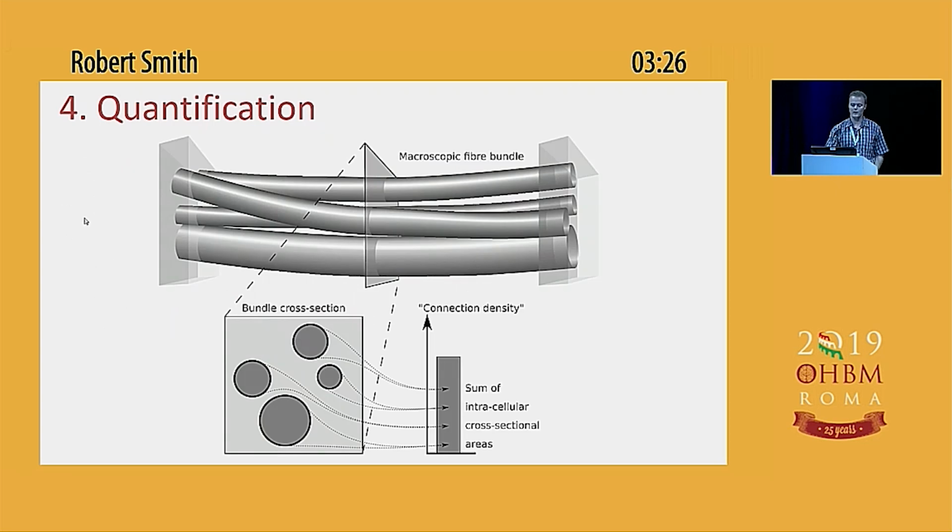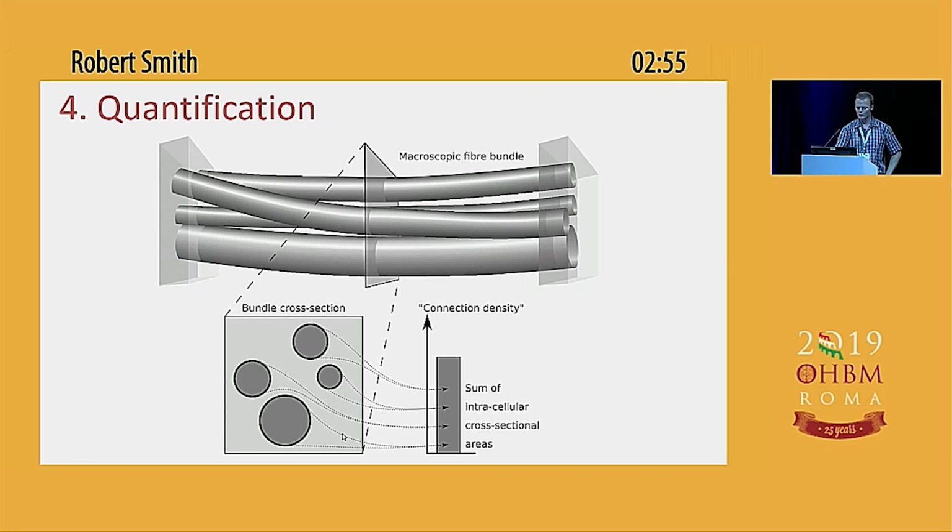So what I've got here is two regions of interest on the left and the right in the transparent grey, and we've got a bunch of fibres connecting them that I've just drawn as cylinders. Now, if we look at a cross-section of this bundle, this square in the bottom left is what you see when you project that cross-sectional slice onto the screen. And these circles correspond to the area within each of those cylinders.